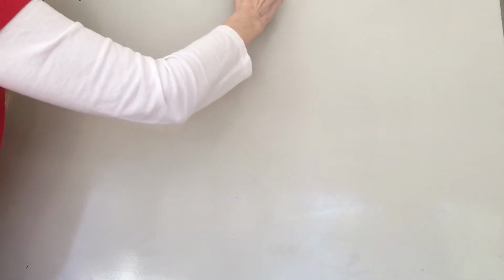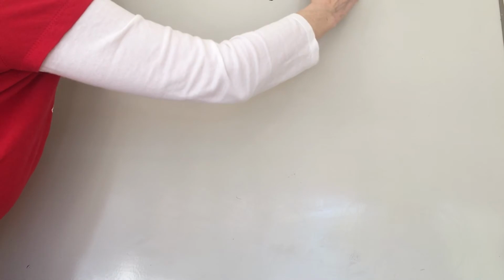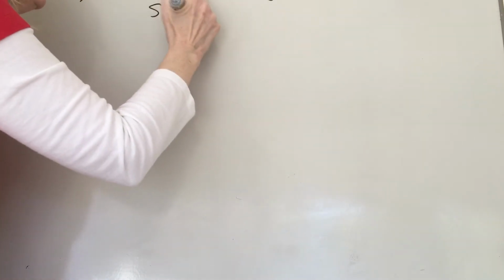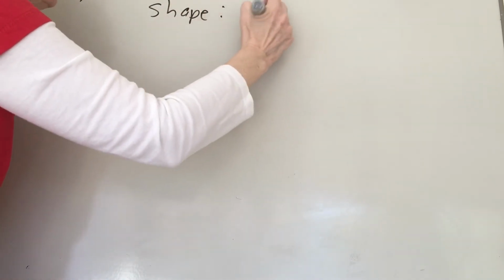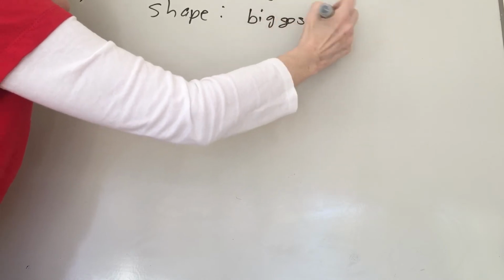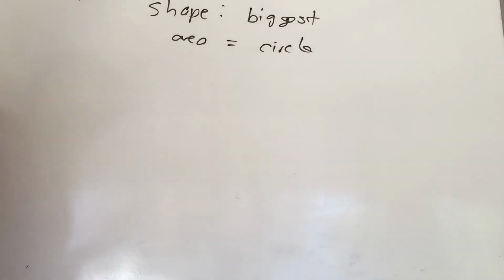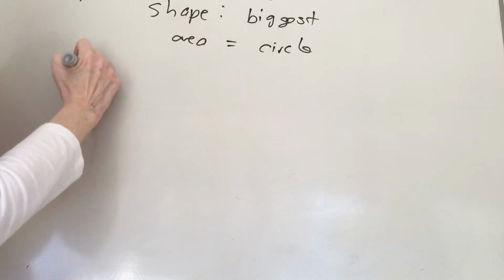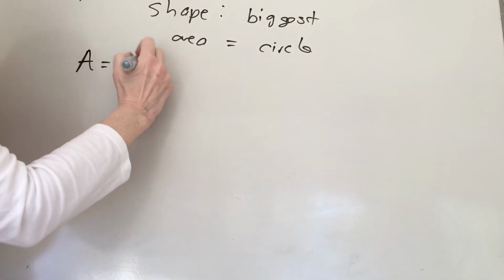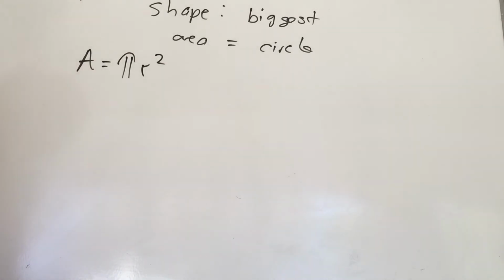You don't know everything, but one thing that you do know, if you know nothing about shape, like you don't know what shape it is, right? The biggest area, do you guys remember this in class? The biggest area is a circle. That would be the shape that would have the biggest area. So what's the area of a circle, you guys? Remember pi r squared? So we know the area of a circle.